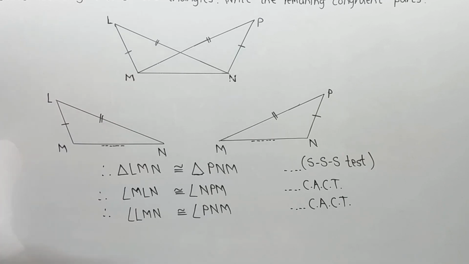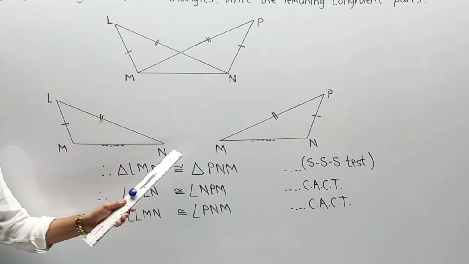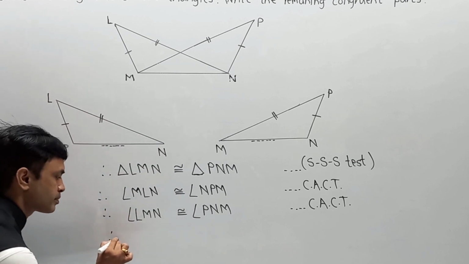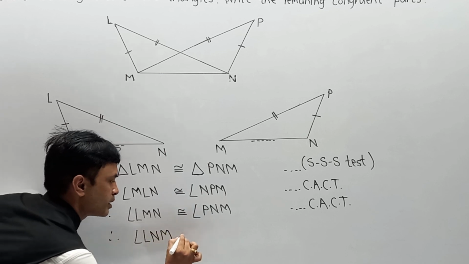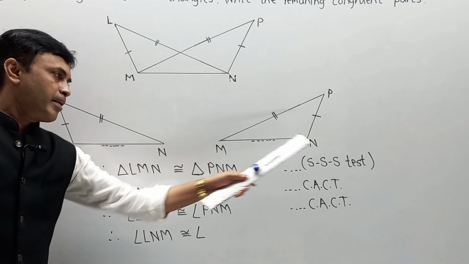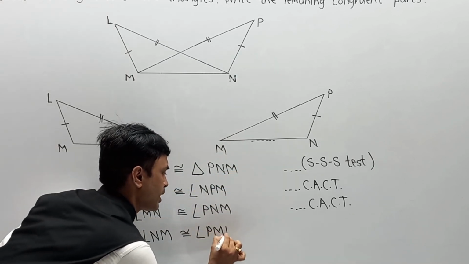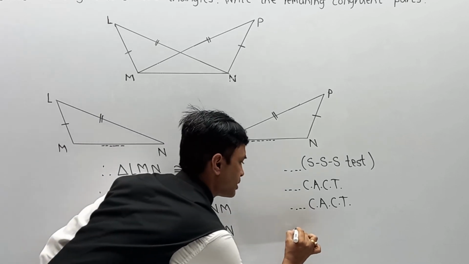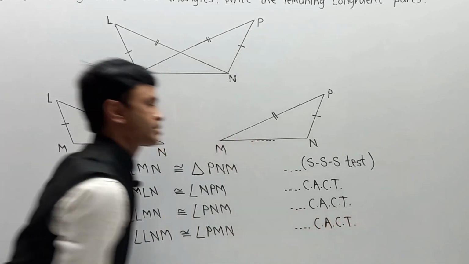And the third part about angle N and angle M. So angle LNM is congruent with angle PMN, and the reason is corresponding angles of congruent triangles.